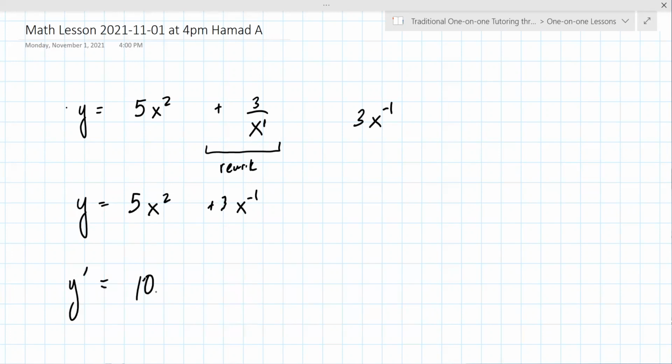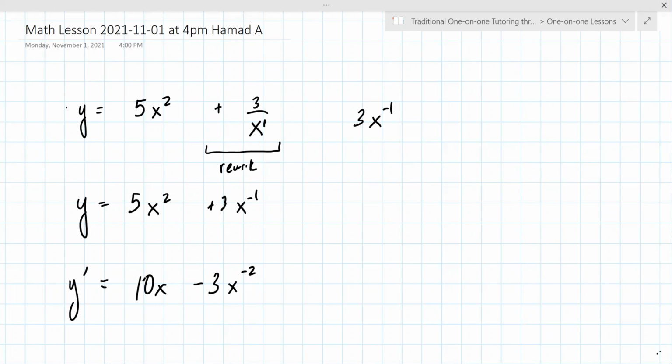What would the derivative be? For which one? 3x minus 1? Yeah, for the whole thing. The whole thing, yeah. It's negative 3, negative 2. Right. Okay, perfect.